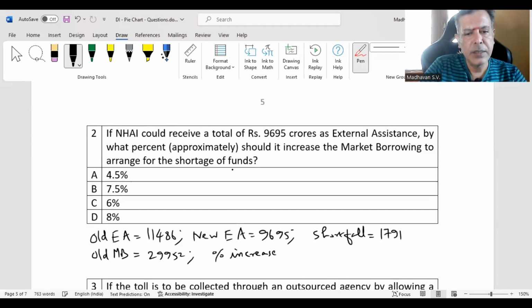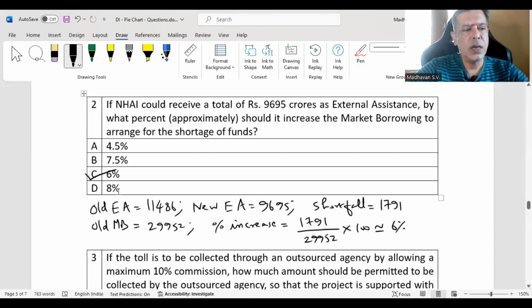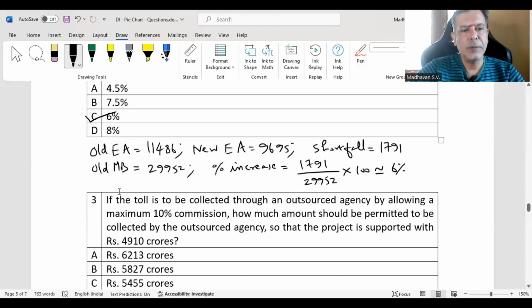Percentage increase will be the shortfall amount, that is 1,791 divided by 29,952, multiplied by 100. Approximately this works out to 6%, which means our option is C. Let us move on to the next question.